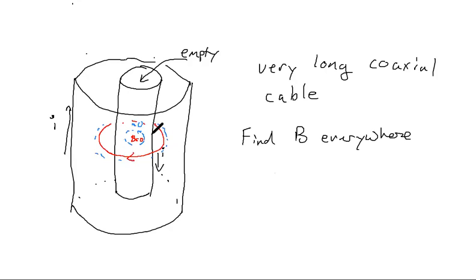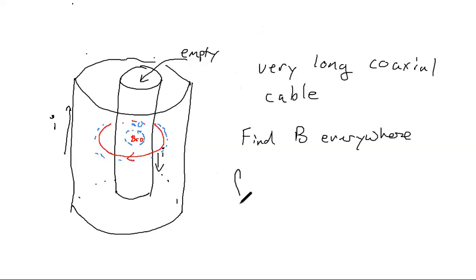So now, if we're taking this to be a very long cable, bordering on infinite, then the magnetic field can't differ as you go up and down. You could draw this loop anywhere in the coax cable and you should get the same answer. And by symmetry, it can't depend on what angle you are around the wire. So the magnetic field is constant as you go around this wire.